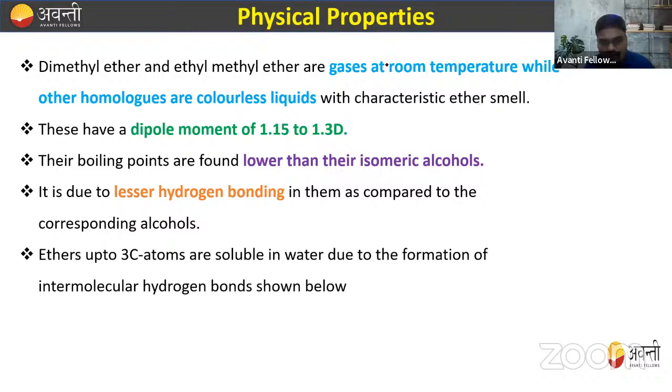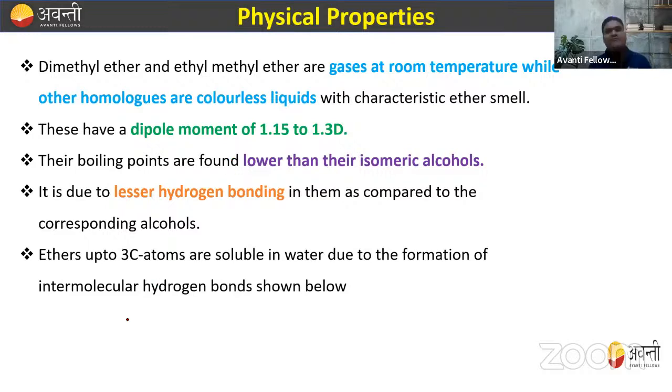Yeah, I got one. Bend shape. Very good, beta, right? So due to the bend shape structure only, they have a dipole moment, right? Due to the partial negative charge on the oxygen atom and the partial positive charge on the alkyl group. Bend shape. Very good, beta, right? So due to this only, they show dipole moment.